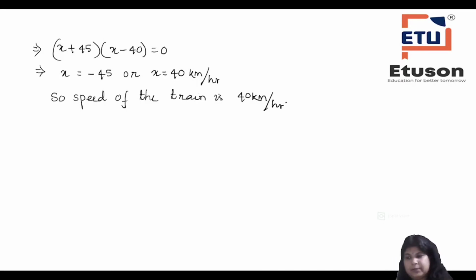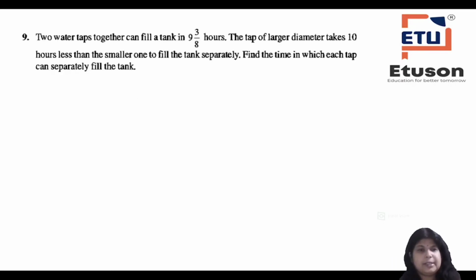So now let us go to the next problem. Two water taps together can fill a tank in 9 3 by 8 hours. The tap of larger diameter takes 10 hours less than the smaller one to fill the tank separately. Find the time in which each tap can separately fill the tank.